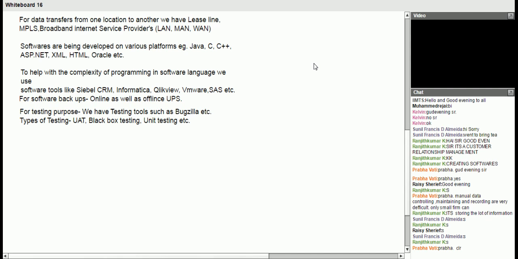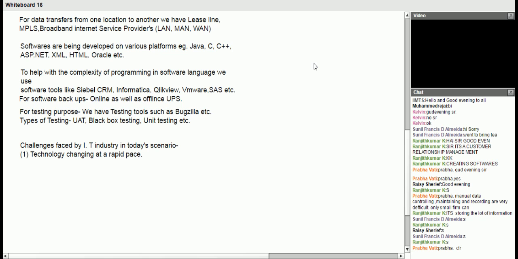What are the challenges faced by the IT industry in today's scenario? Number one, technology changing at a rapid pace.